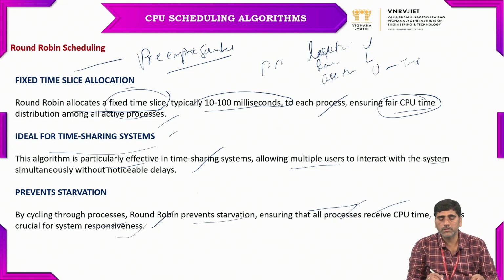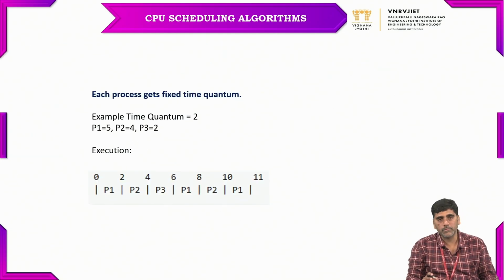So round robin scheduling works based on time slice allocation for each and every process, is ideal for time sharing systems, and prevents starvation. Wherever starvation occurs in priority scheduling, it is prevented in the round robin scheduling algorithm.